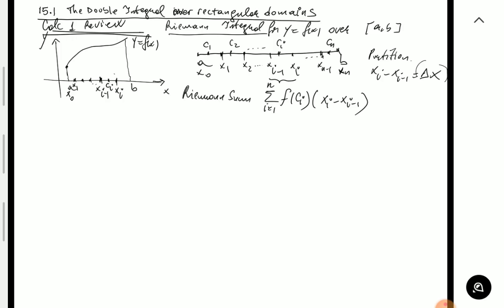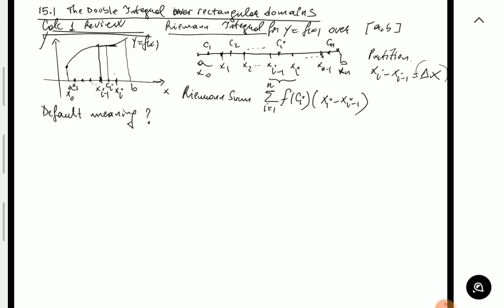Now, what is the default meaning for a Riemann sum of a function of a single variable? Well, the default meaning is going to be basically the sum of the area of a bunch of rectangles, right? Because when I evaluate the function at the intermediate point, it's like me raising a perpendicular all the way up until it intersects the graph of the function.